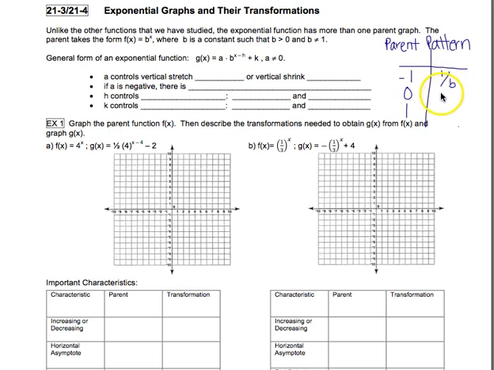We did this a lot in Unit 6, and then b, where b, if you look at the general function, is the base. It says right here that the parent takes the form b to the x. So it's important to note that in this type of parent graph, b is the base, not a transformation.